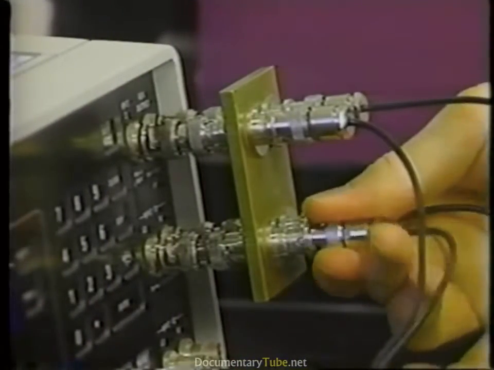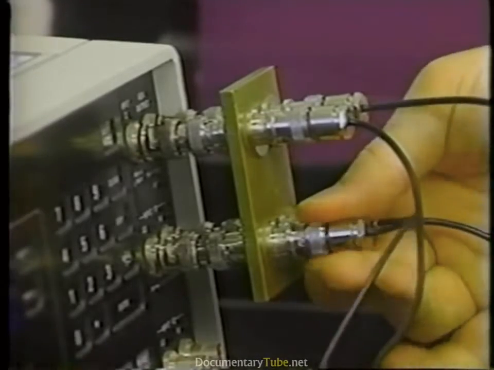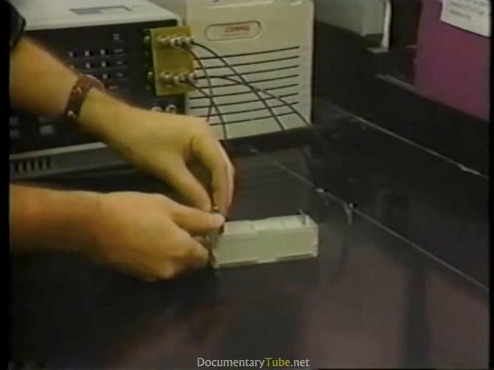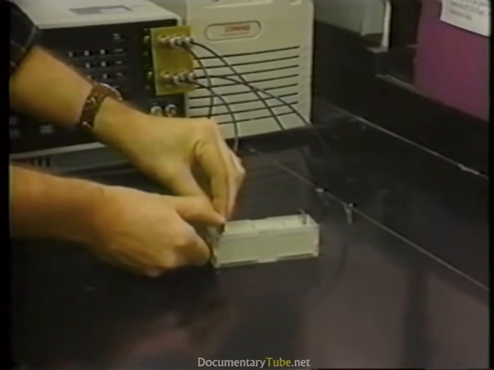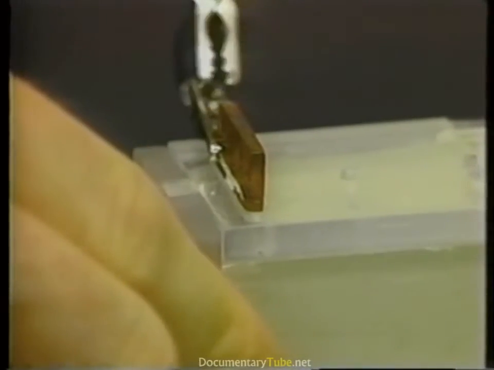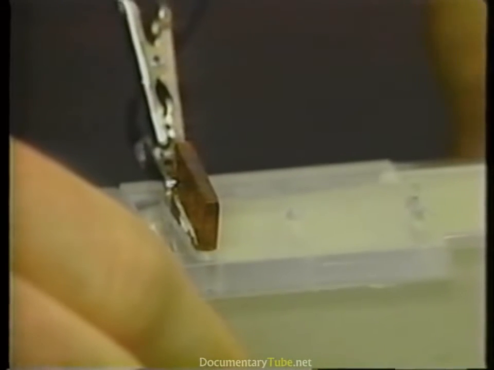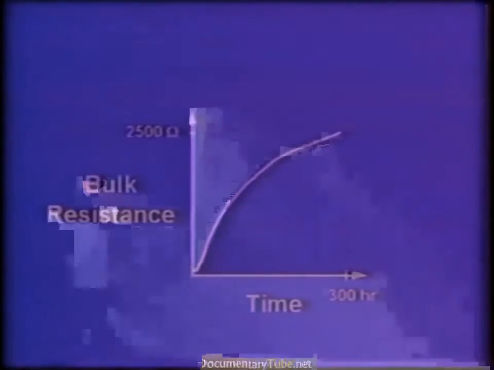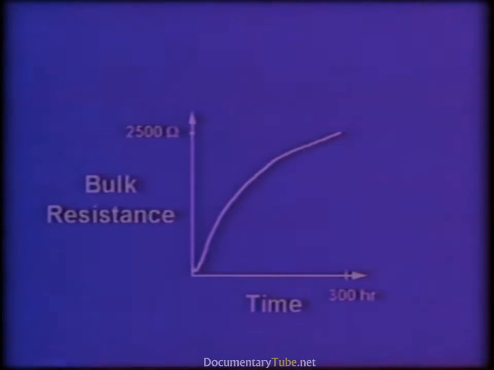The electrical properties of cement or mortar samples can be followed over time, leading to profiles of changes in electrical resistance. The electrical properties of this cement specimen are being measured using the two metal electrodes. This chart illustrates how the resistance of electricity through the cement increases as the cement hydrates.